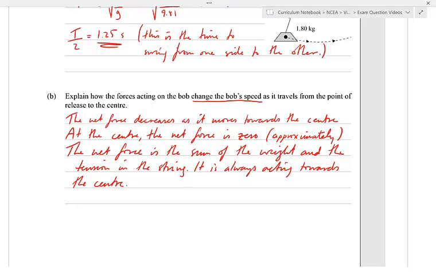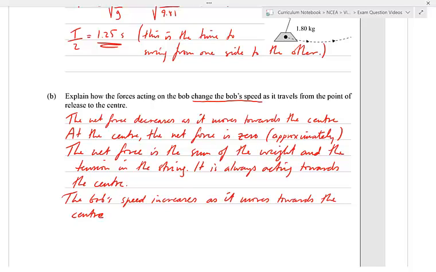So now we can say what happens to the bob's speed. So the bob's speed increases as it moves towards the center, but it increases at a decreasing rate.